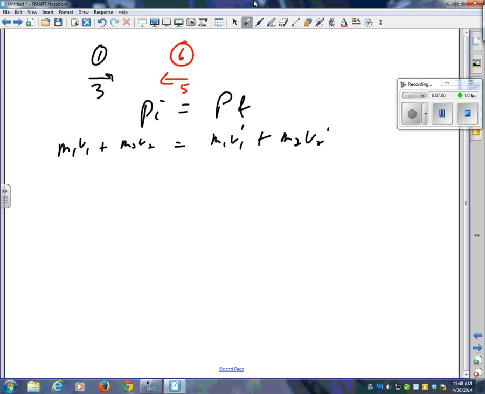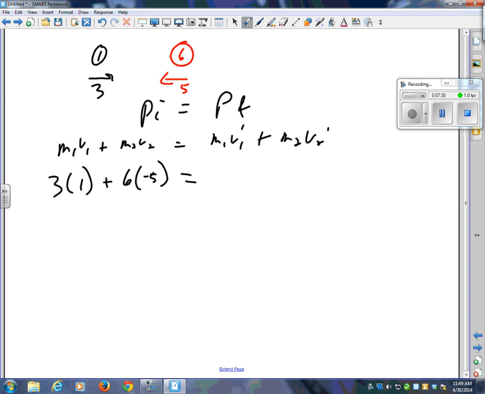Okay, so M1 V1 here is going to be 3 times 1. M2 V2 is simply going to be 6 times minus 5. The final velocity of the 1 kilogram ball is 9 west. Oh, hang on, I got 3 times 1.